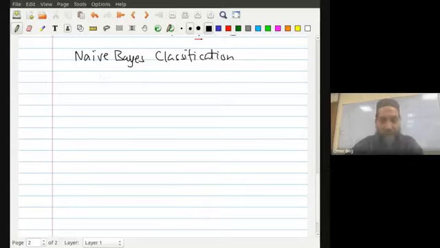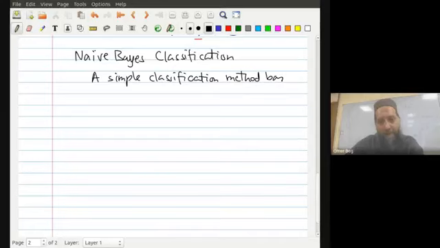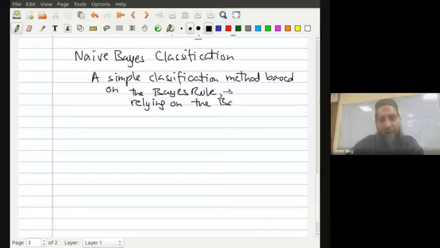So this is a simple classification method based on the Bayes rule that I'm going to write shortly. And this Bayes rule is relying on the bag of words model.